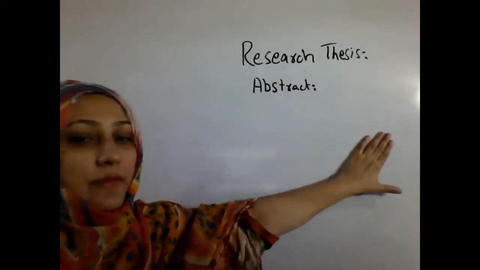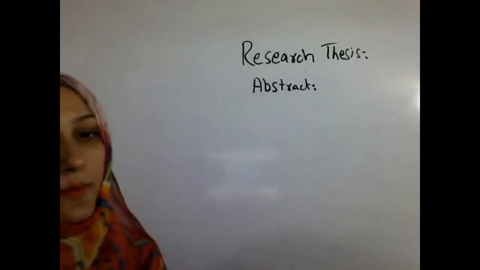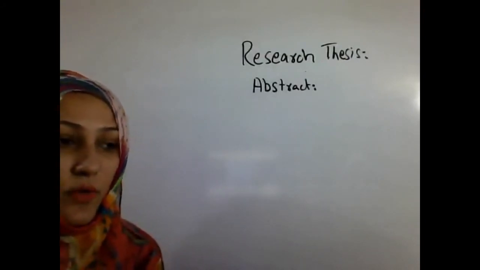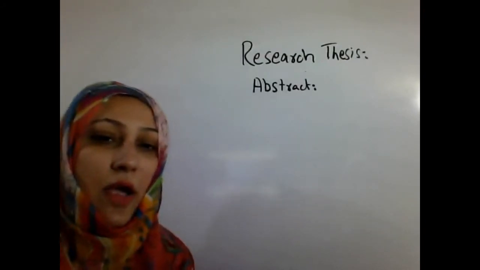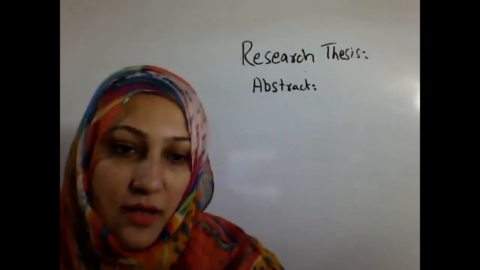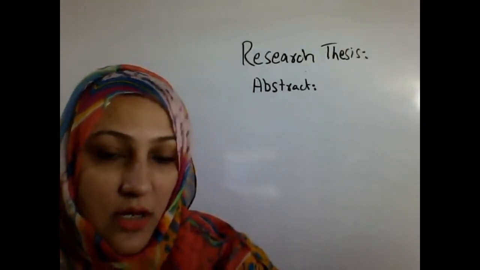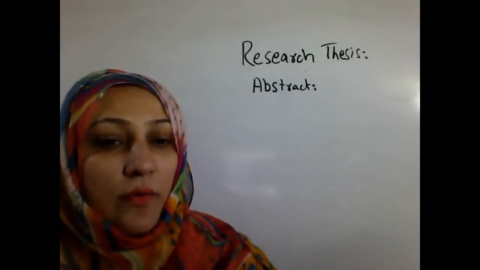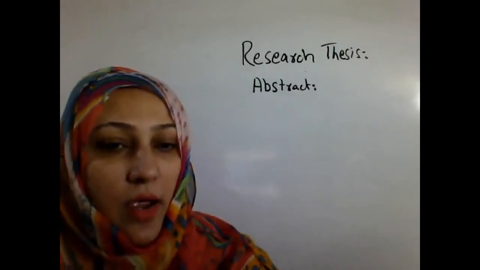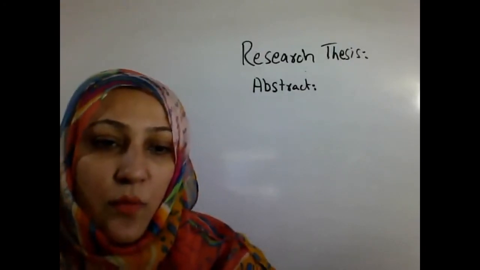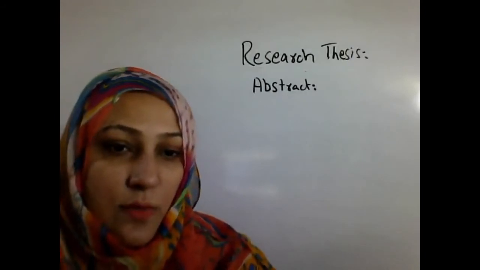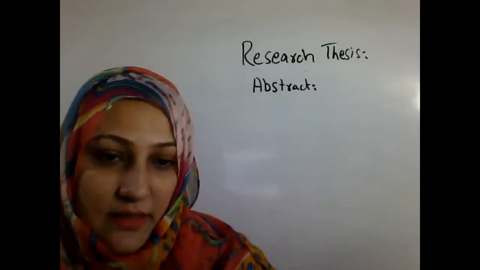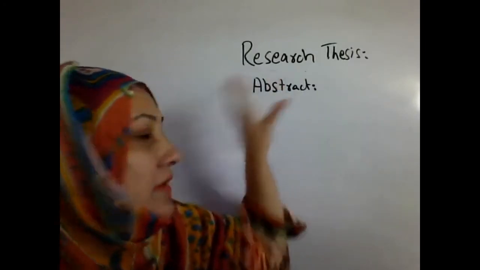So you should write in the past tense, and in the abstract you should give the idea about your objectives, why you chose this topic, what the need of the project is, why you chose this project, what the objectives of your study are, what you have conducted, what methodologies you have chosen, and what findings you found, your major findings which are effective for the readers and show the fruitfulness of your study.